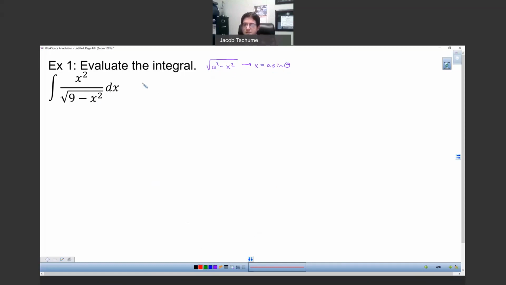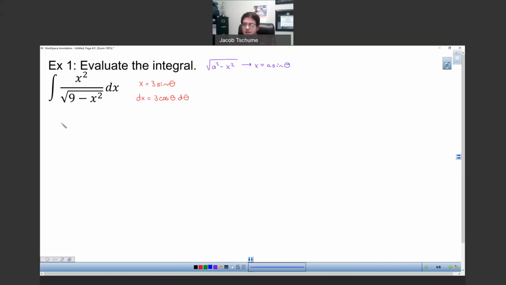So for my trig sub, I'm going to do x equals 3 sine of theta, and then I have to convert my dx term. So dx would equal 3 cosine of theta d theta, because if you change x into theta, you have to change your dx in terms of something else.